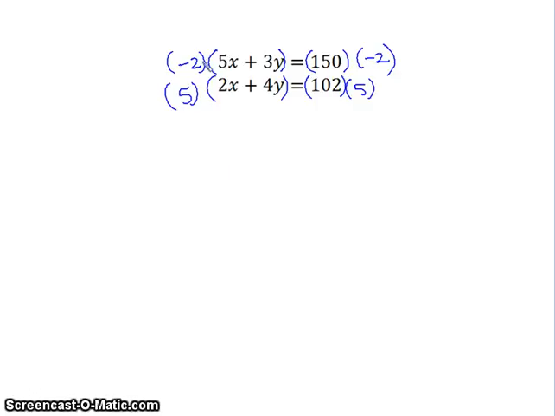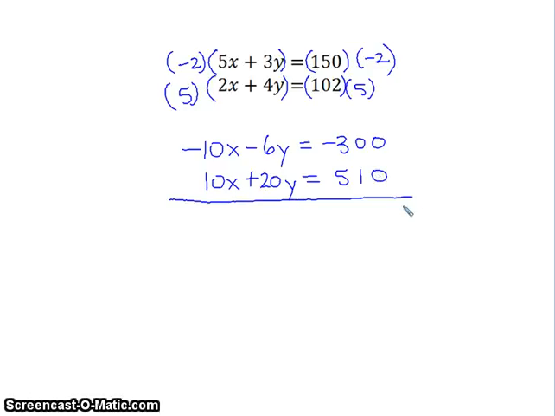When I do that, the coefficients of x will be -10 and +10. So we have -10x minus 6y is equal to -300. And in the second equation, we have 10x plus 20y is equal to 510.